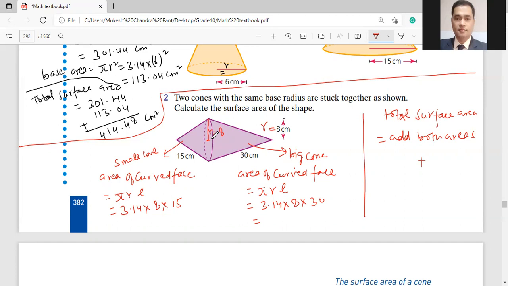The base is not outside. Both bases are stuck to each other, so that part goes inside and will not be counted in the surface area. Calculate this one and add.